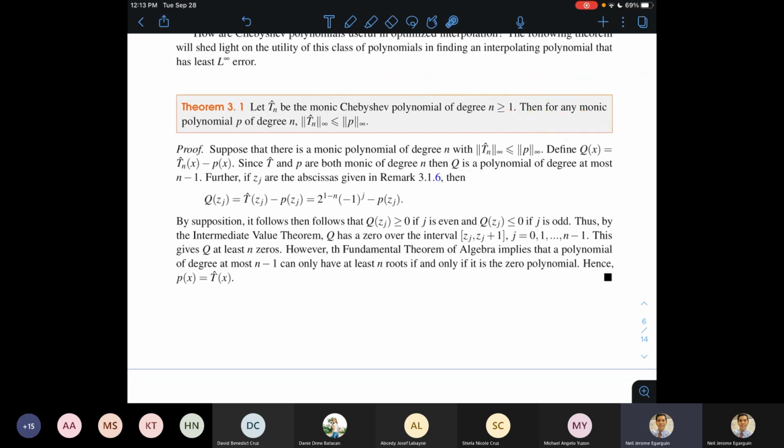So ibig sabihin, kung gusto kong i-minimize yung L infinity norm ni omega, pwede ko na lang tingnan yung monic polynomial na may pinakamababang L infinity norm. And that's what Theorem 3.1 tells us na ang monic polynomial na may pinakamaliit na L infinity norm ay yung mga monic Chebyshev polynomials.